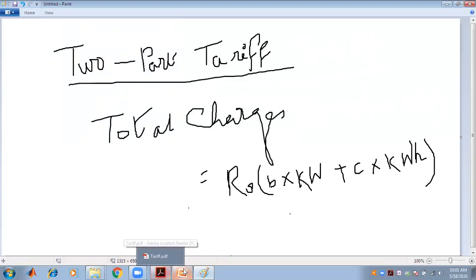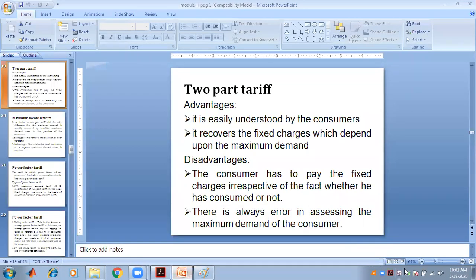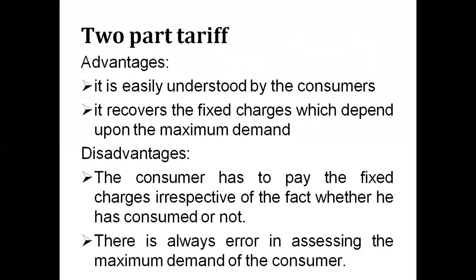So what are the advantages of the two-part tariff? The advantages are that it is easily understood by the consumers, and it also recovers the fixed charges, which depend upon the maximum demand.